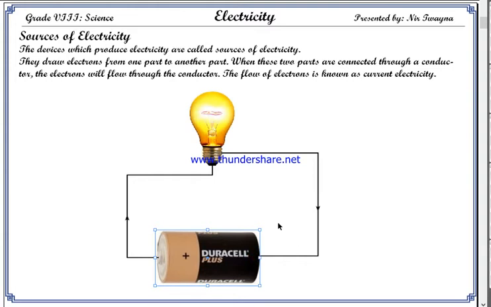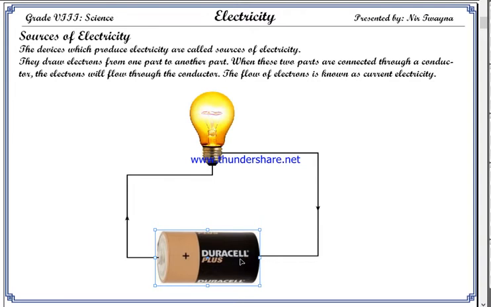Okay, and within the battery the charges will not flow back. Within the battery the charge flows from this terminal to this terminal, but it will not flow back. Indeed, if you connect the positive terminal and negative terminal of the battery by using a conductor wire, then electricity will start to flow.